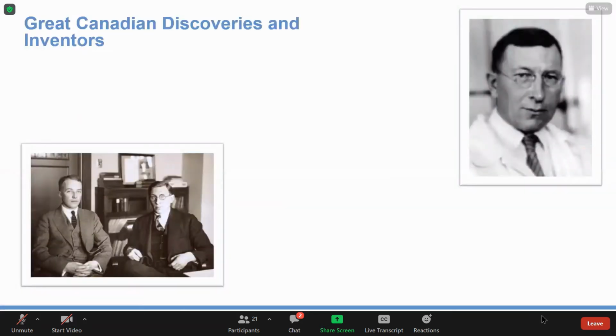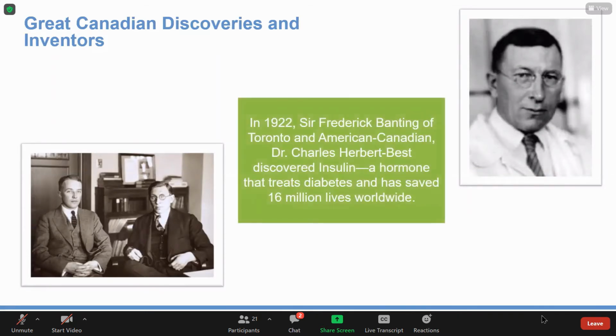And then we have Canadian discoverers and inventors. There's quite a bunch of them, which you might want to go through. For example, the people who discovered insulin, the hormone used for diabetes. Those were two men. One was from Toronto, Sir Frederick Banting, and the other was Dr. Charles Herbert Best. So they discovered insulin.